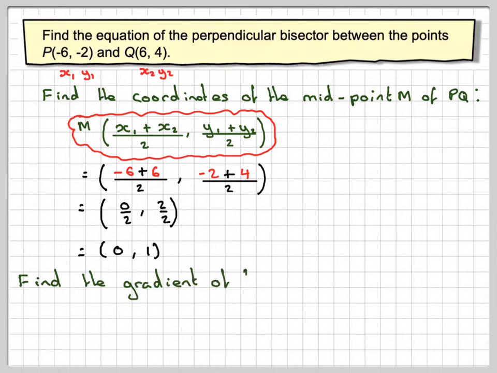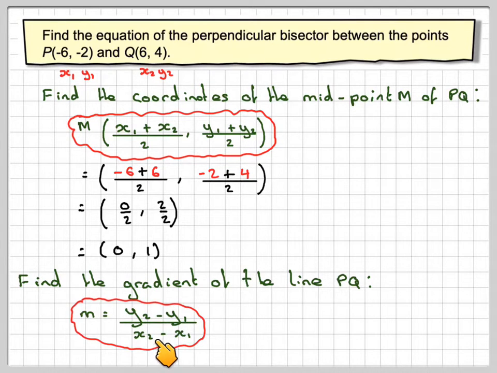Now we find the gradient of the line PQ. The gradient formula is y2 minus y1 over x2 minus x1. Using the same points, we're going to do 4 minus -2, be careful of signs, divided by 6 minus -6.